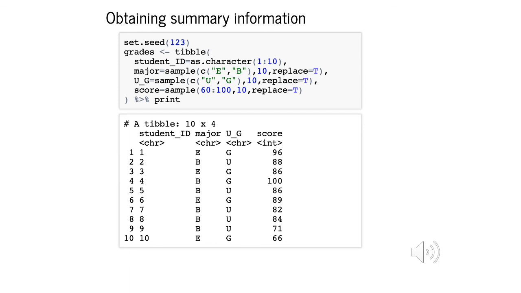In this example, we've created a data frame called grades that has 4 columns. Students, identified by a number, their major, E or B, for example, ecology or biology, a UG designation for whether they're undergraduates or graduates, and their test scores written out as a percentage.